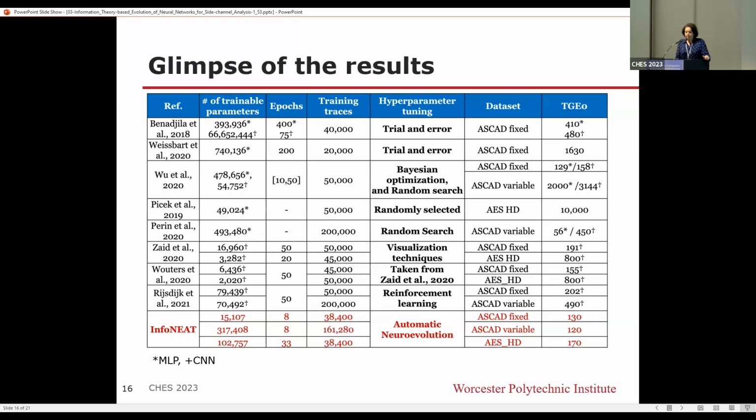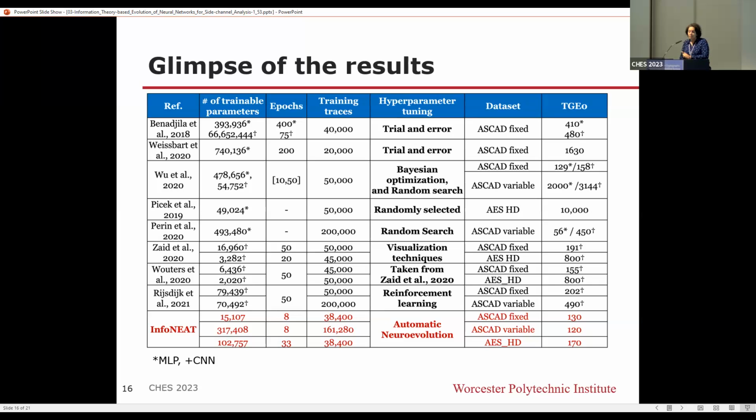And then the next column that I want to show you is the number of trainable parameters. That was a nice comment from Trevor in his talk. He mentioned that when we talk about hyperparameter optimization, one would say they are all time consuming. Does it really worth it? Should I just try something and go for trial and error?